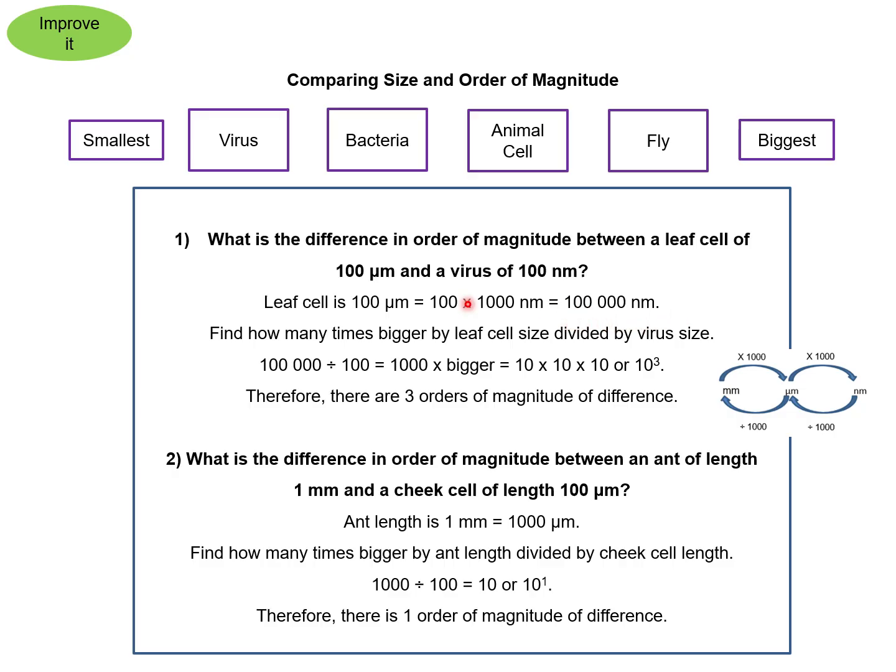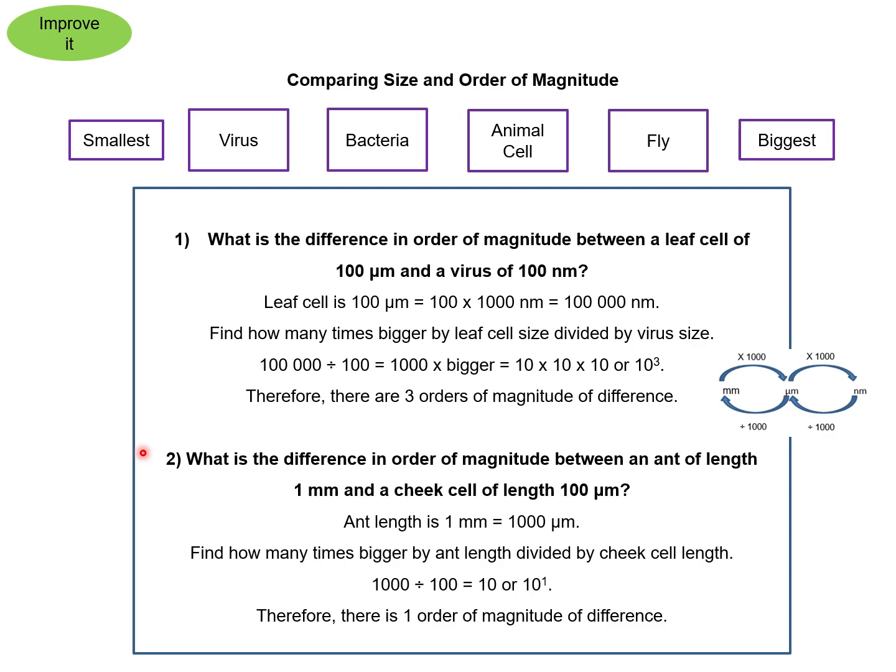We need to find how many times bigger by leaf cell size divided by virus size. So 100,000 divided by 100 equals 1,000 times bigger. And 1,000 is 10 to the power 3. And there are 3 zeros, so there are 3 orders of magnitude of difference.